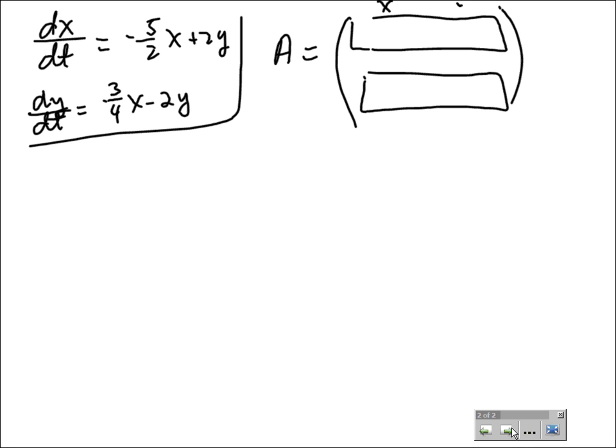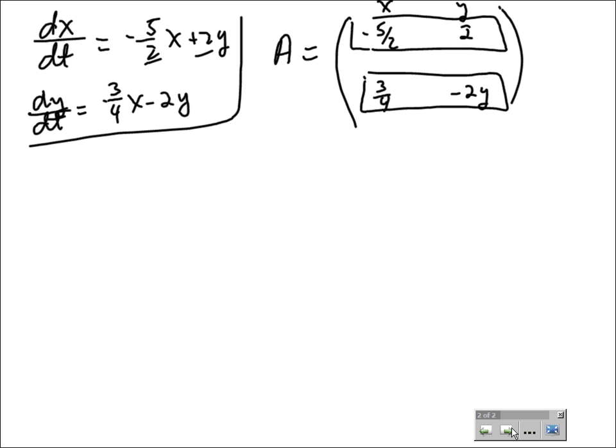First column is x and then y. So it's negative 5 halves and 2. In the second row, dy/dt is 3/4 x, negative 2y.